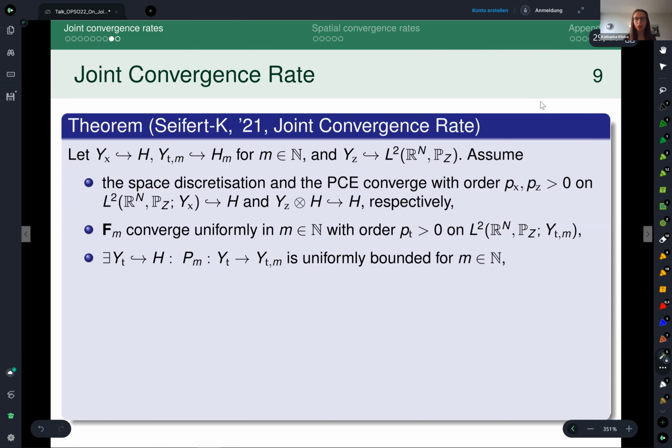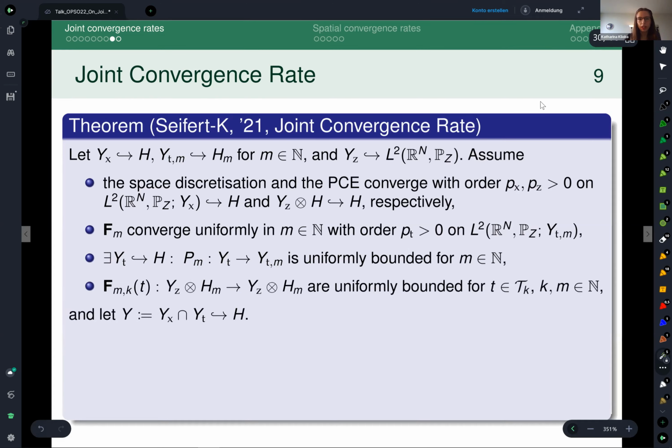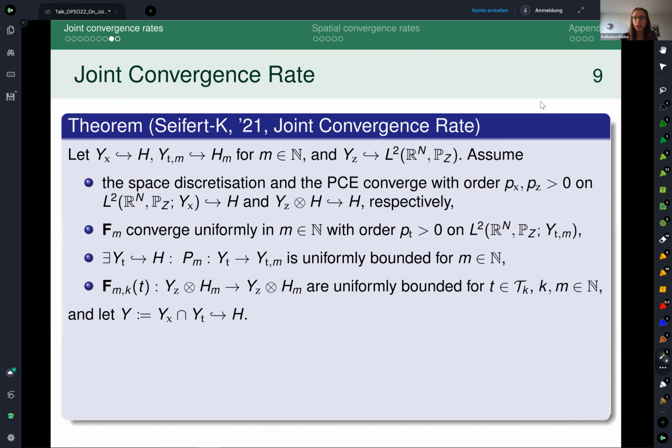So it doesn't have to be uniformly bounded on the whole of H, but we can choose another space continuously embedding into H here. And the second condition ensures that the randomness discretization works well with the other two, because we ask the temporal discretization schemes Fmk to be uniformly bounded for all times k and n, if considered as mappings from Yz tensor Hm, where Yz is the space on which we have a randomness discretization rate, into itself.